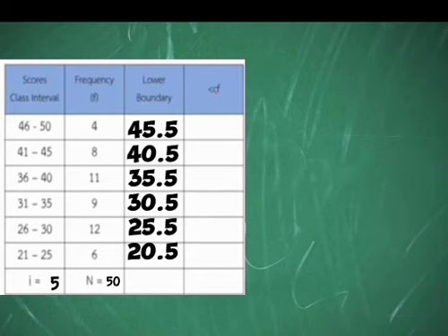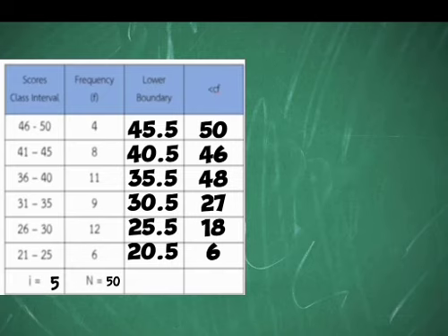After that, we will add this number to the frequency of the second class. So, 6 plus 12 is equal to 18. We will just do the previous procedure. We add 18 to the third class. 18 plus 9 is equal to 27. 27 plus 11 is equal to 38. 38 plus 8 is equal to 46, and 46 plus 4 is equal to 50. So, our less than cumulative frequency of the last class must be equal to the value of n, which is 50.